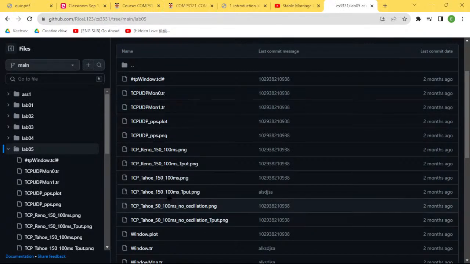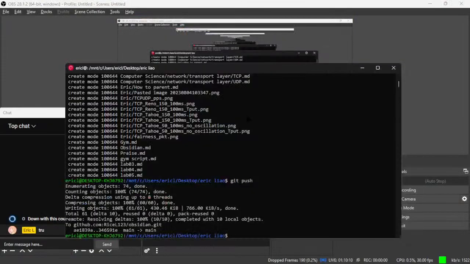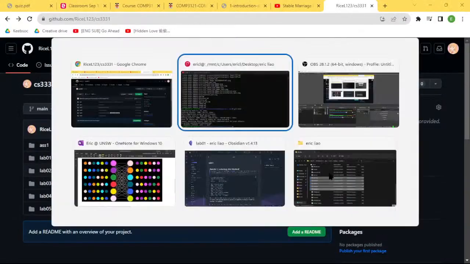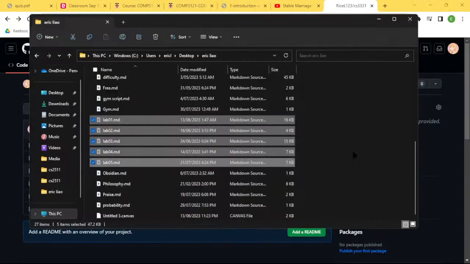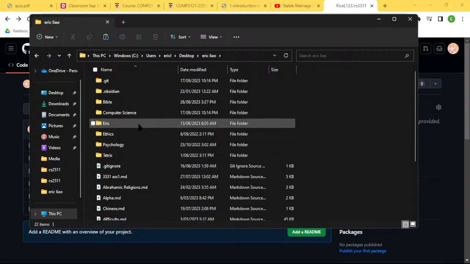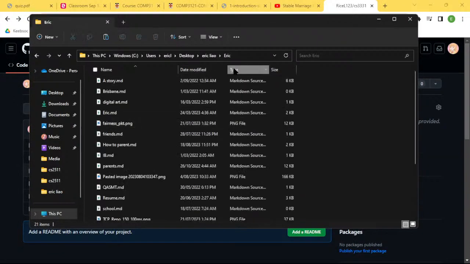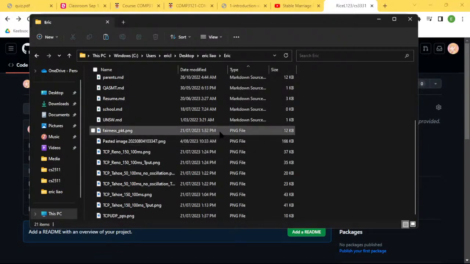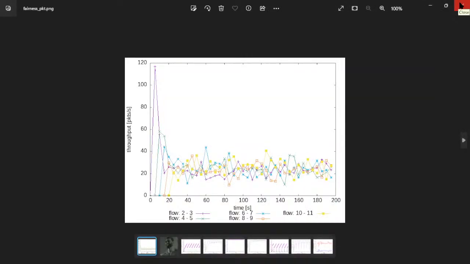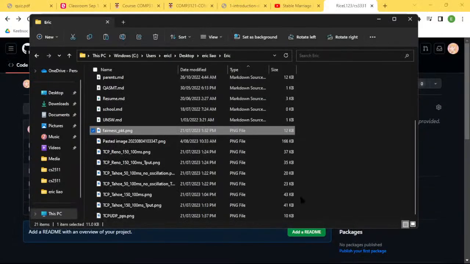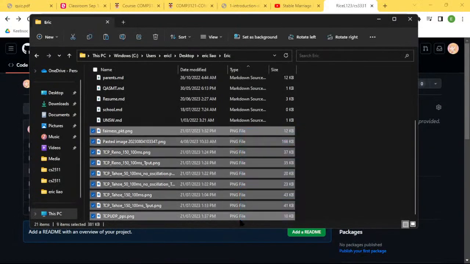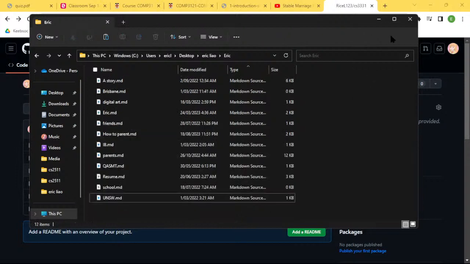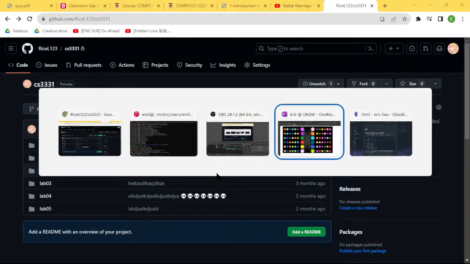Even all the photos and stuff. Yeah, well, I can just delete these then. It's fairness.ptk. Pretty sure I can delete them.